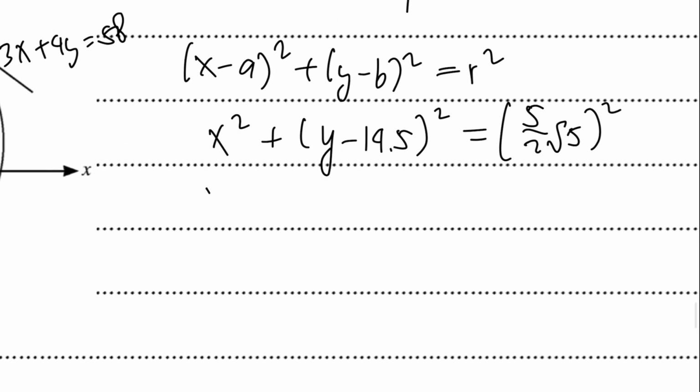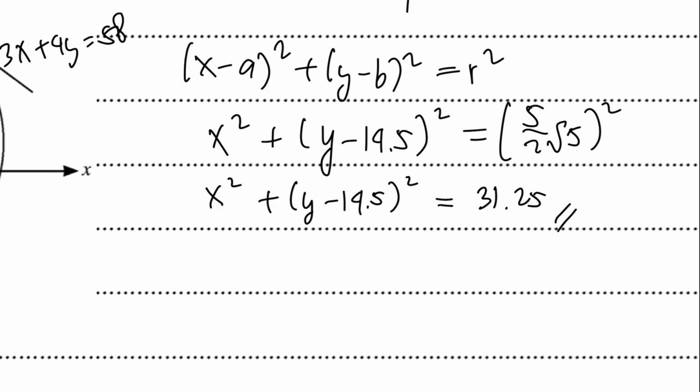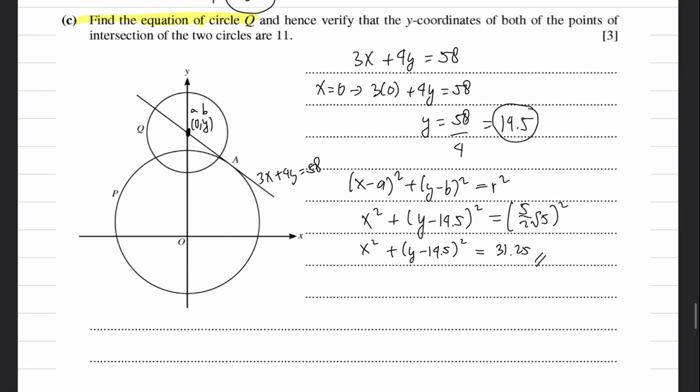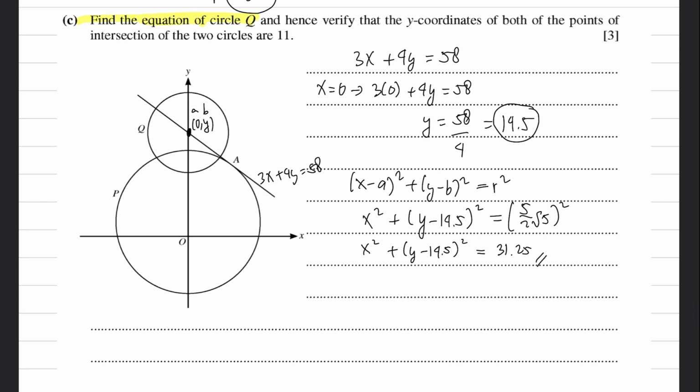We will get x squared plus (y minus 14.5) squared equals, let me just use the calculator, faster. 5 over 2 square root of 5, squared. We will get 31.25. So this is the circle Q.